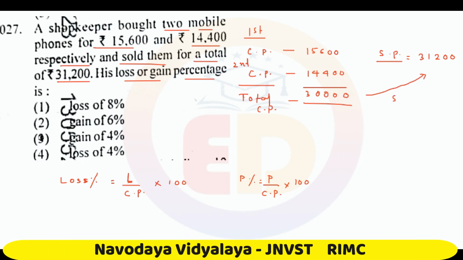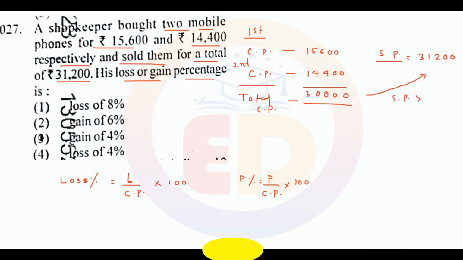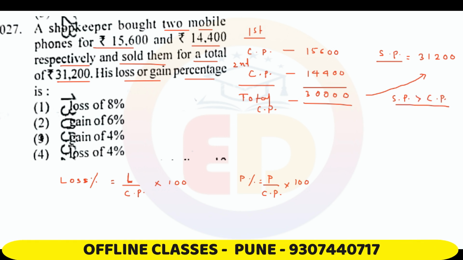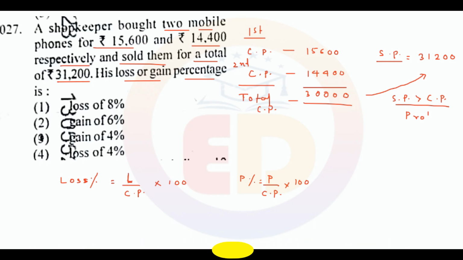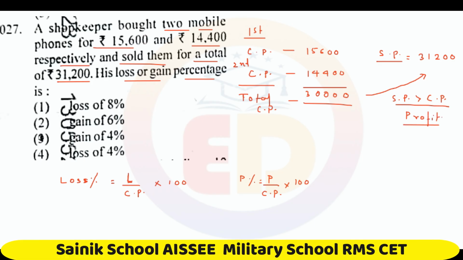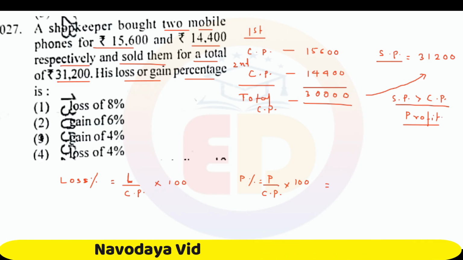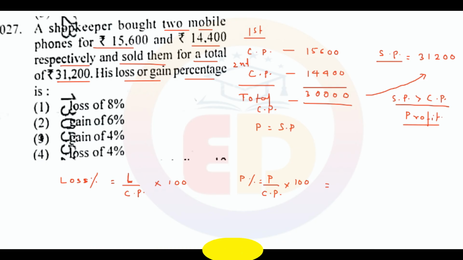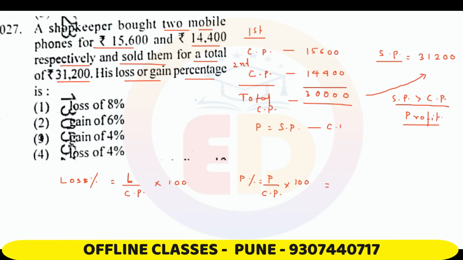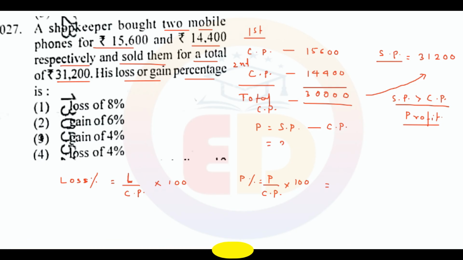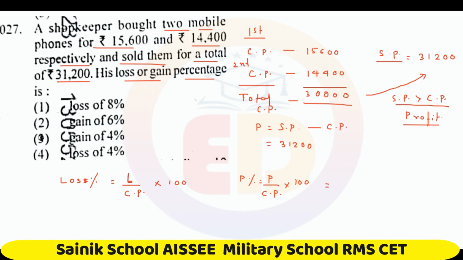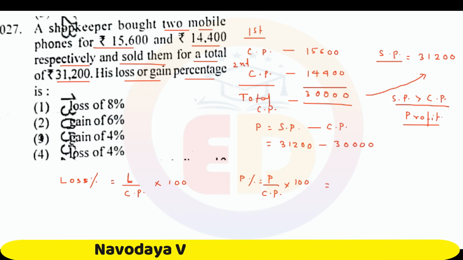We see that the selling price is greater than the cost price. So it is a case of profit. And since it is a case of profit, we'll use the formula of profit upon CP into 100. We calculate the profit, which is SP minus CP, which is 31,200 minus 30,000. The profit is 1200.